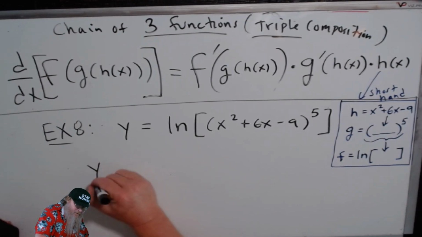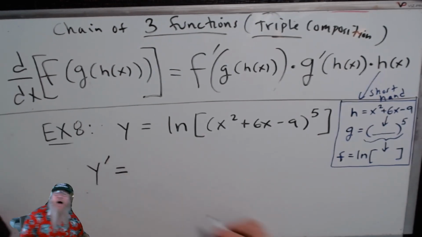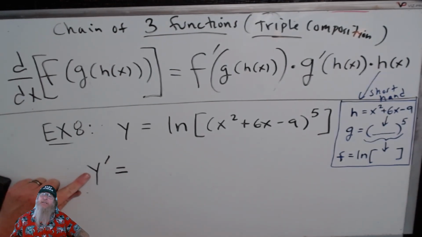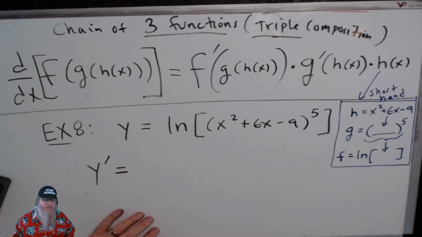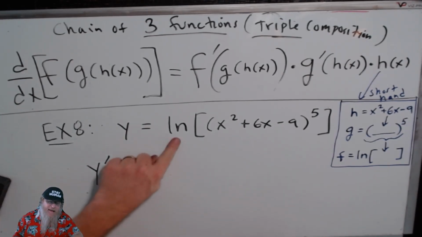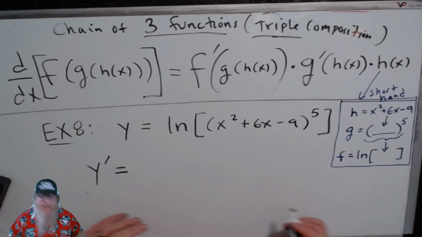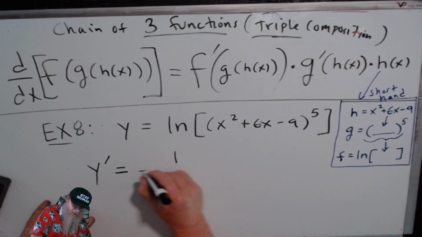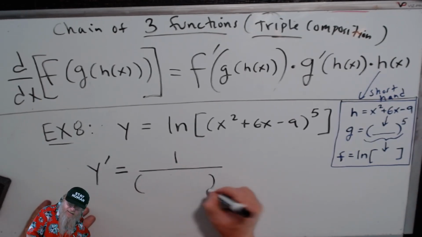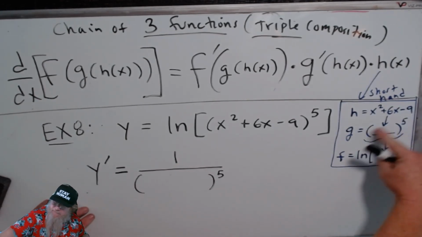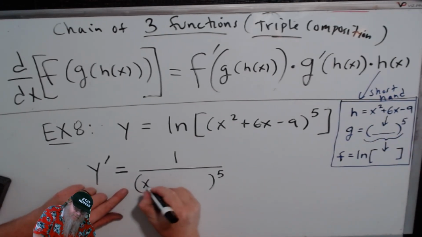So the derivative, also known as y prime, that's another way to say dy dx, or f prime, same thing. Remember, y is the same as f of x. So let's do it. ln, it's right back to earlier in the video when ln is one of those really nice ones. It's 1 over blank, and then you copy everything exactly the same.